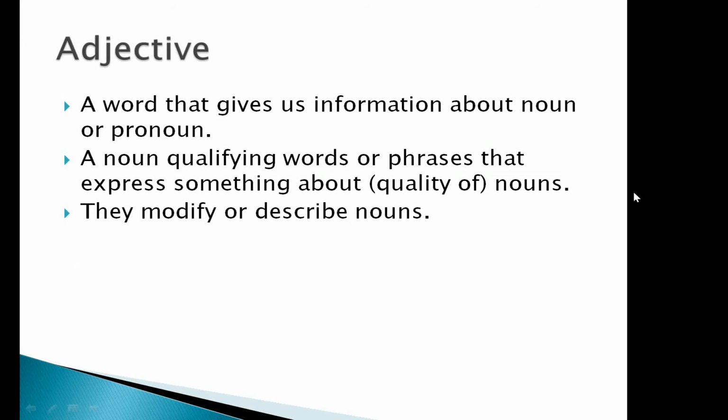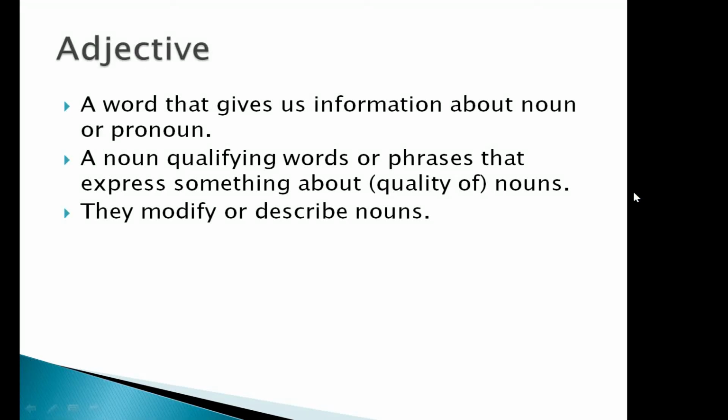I'm repeating the sentence. They drive an amazing big red sports car. Yes, amazing, big, red, sports. These are the adjectives in this sentence, because these words are giving us information about the car.